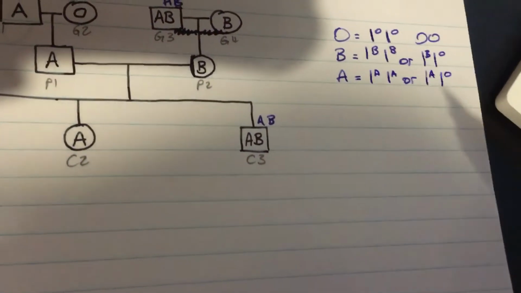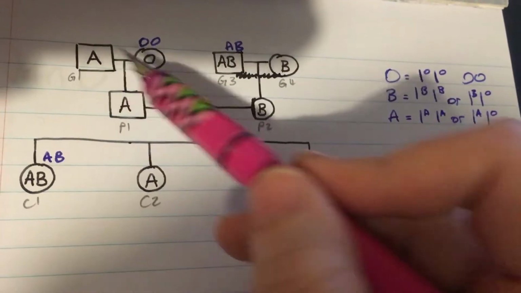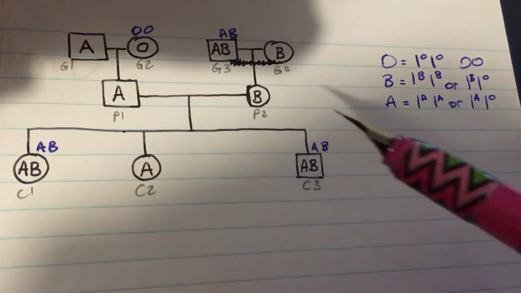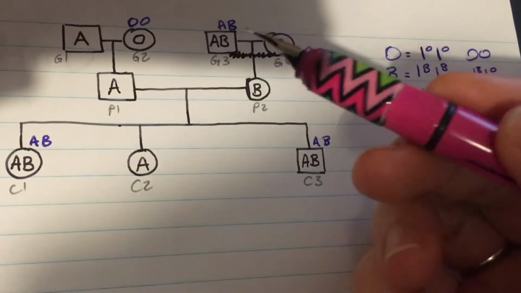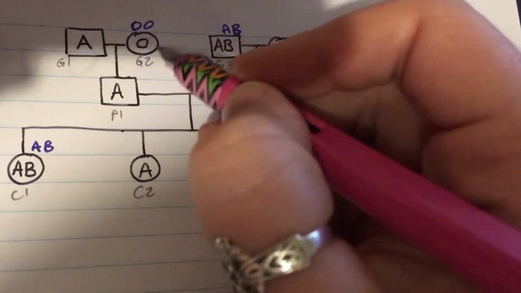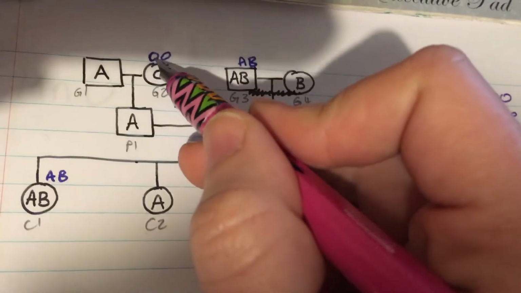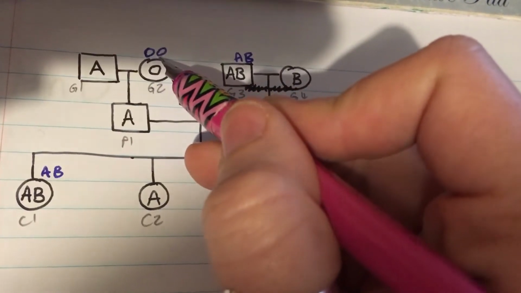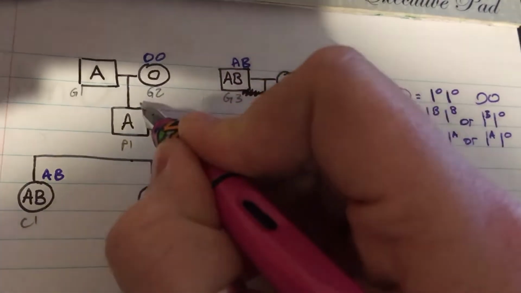Okay, now the way to work out which of these individuals is actually heterozygous is by looking at either the parents or the offspring. Now here, this person, G2, grandparent 2, has only got O alleles. Okay, so that means she must pass on an O allele to her offspring.